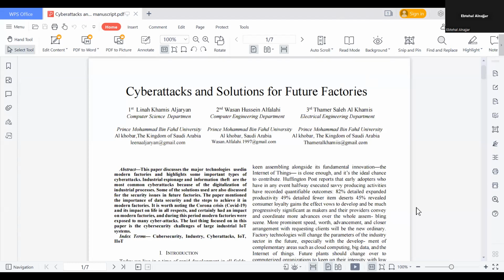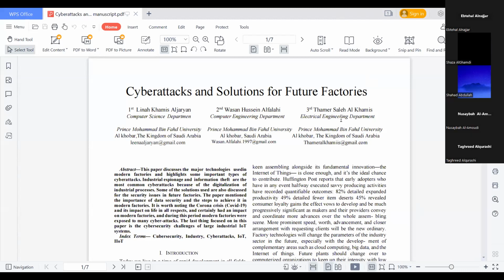Today we'll be talking about my research paper. The title of it is Cyber Attack and Solution in Future Factories. The paper discusses the major technology used in manufacturing, like AI, robotics, IoT, and cloud computing. Because of this technology, they are at risk of attack. So we highlight some important cyber attacks in manufacturing.